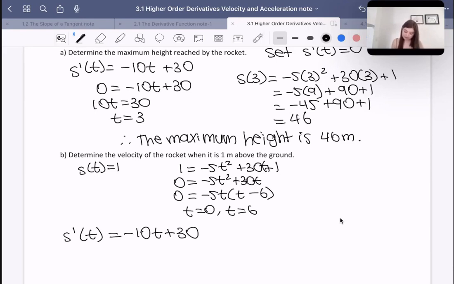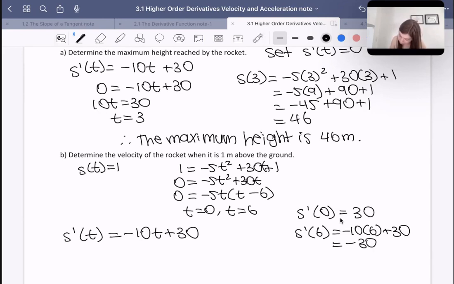Now I'm going to plug in these two values. s prime of 0, which is the same as velocity at 0, is going to give us 30. s prime of 6 will give us negative 10 times 6 plus 30, which is negative 30, so 30 backwards, in other words. However, that's not really going to work for us. We just need to say that the answer is 30, the positive 30. We don't actually need the negative 30 at all.